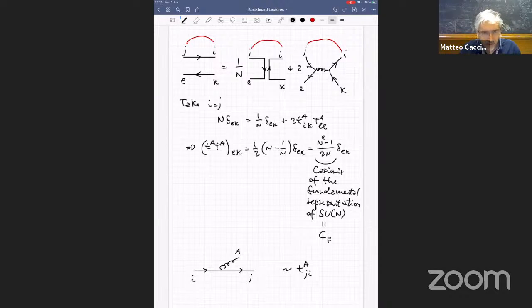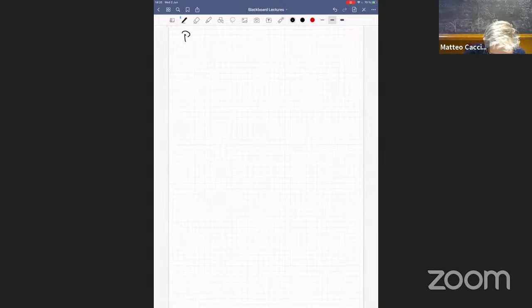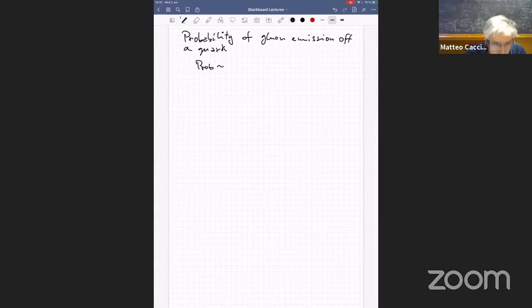Suppose you want to calculate the probability of gluon emission of a quark. The probability is proportional to the matrix element squared of this thing we have just written, summed over, let's say, j and A. Let's say we sum over the final state.